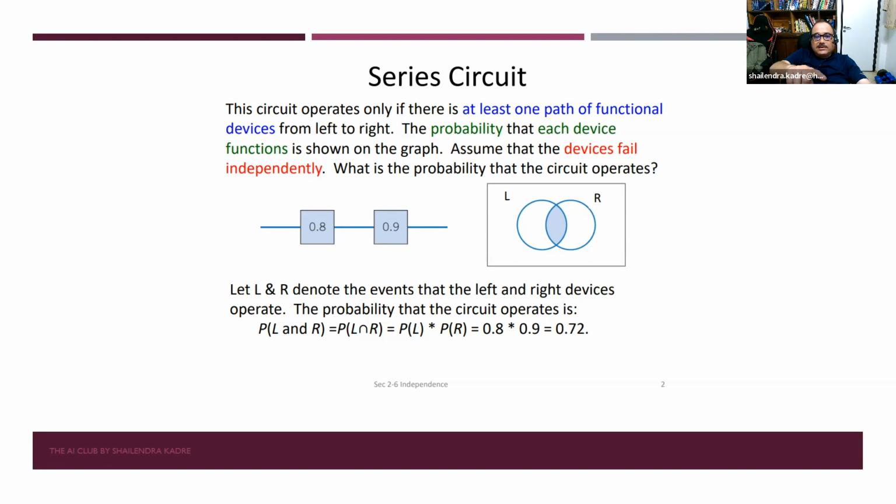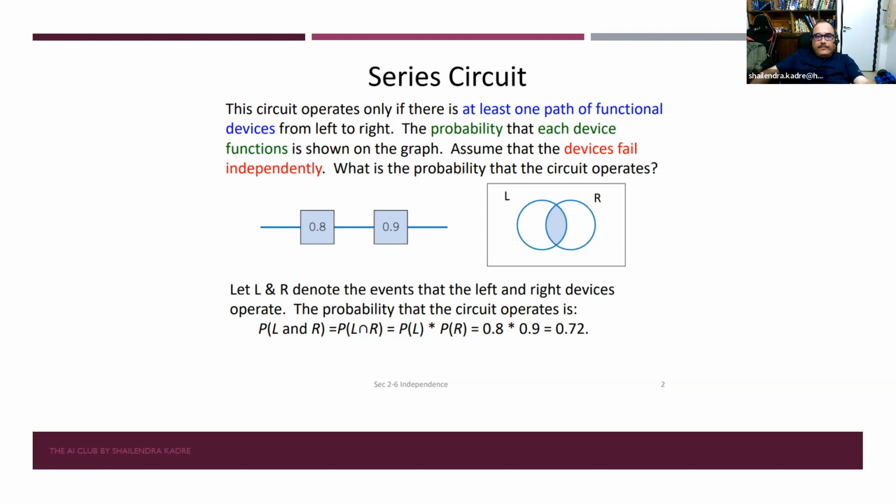Both L and R should work, right? So it is going to be intersection. So 0.8 into 0.9, overall probability gets reduced. Individual probabilities were 0.8 and 0.9, but when you find out series L and R, overall probability is only 0.72, because 0.8 into 0.9.